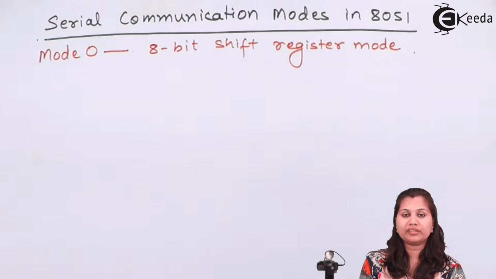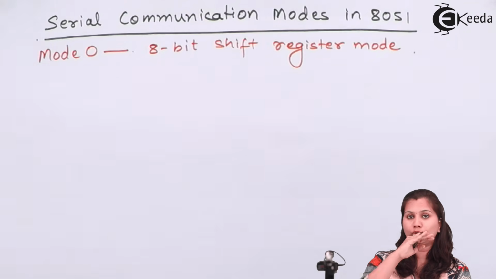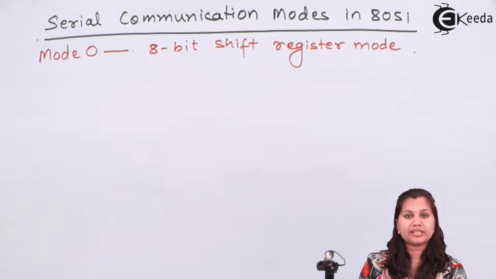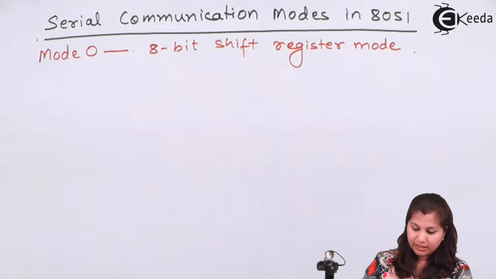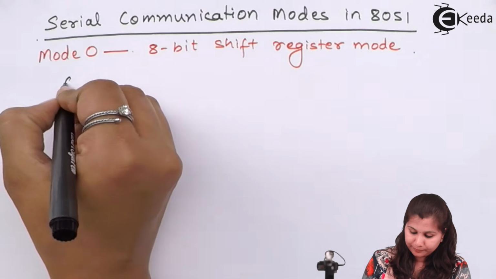Along with the data, we will send a sync character, and 2 signals are required. One signal will be the data signal and the second signal will be the clock signal. The transitions of the clock pulse, from low to high and from high to low, decide when the data will be transmitted and when it will be received. So we will require 2 signals, the clock signal and the data signal.